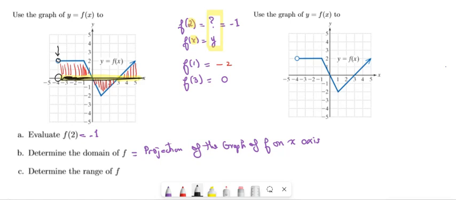Now there is an issue here: the graph is not really stopping at this point. Since there is an arrow, it means the graph is going to keep going forever. And if the graph keeps going, the shadow is going to keep going. So from here you're going to go all the way in this direction.